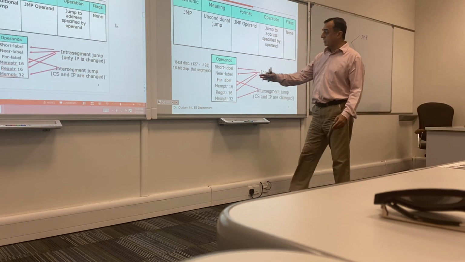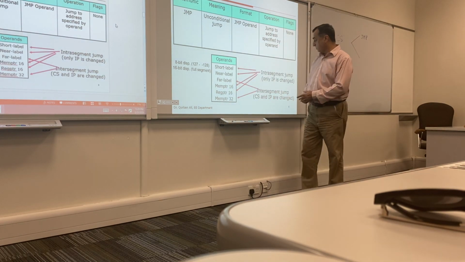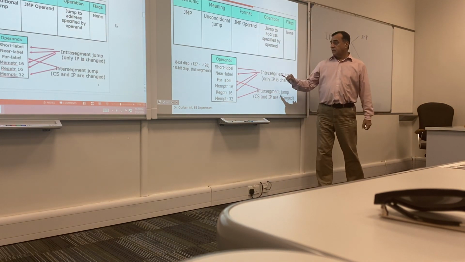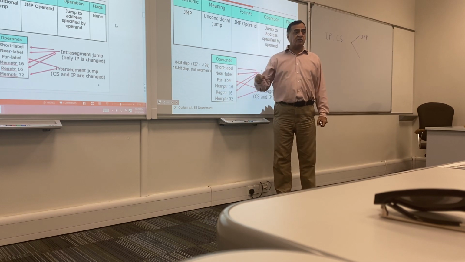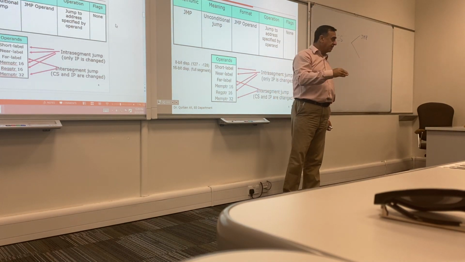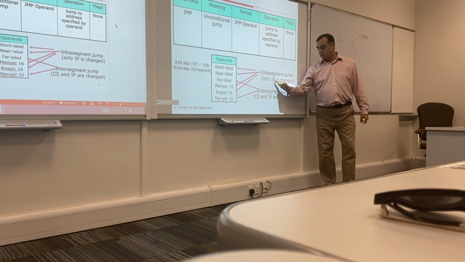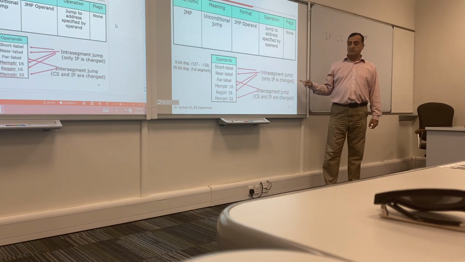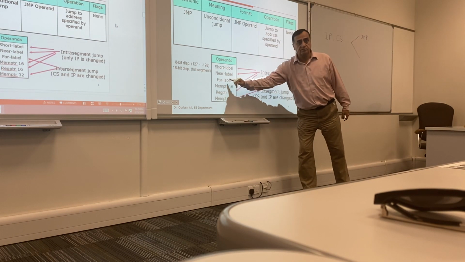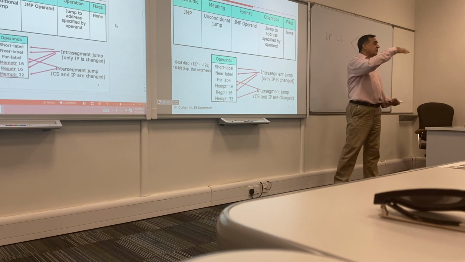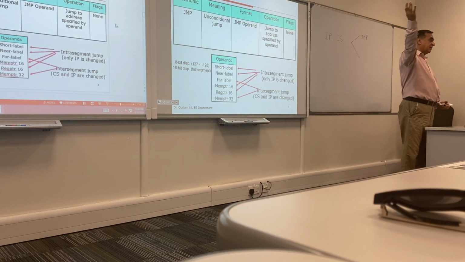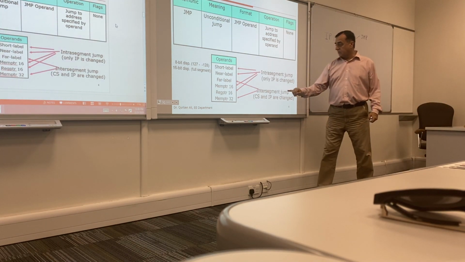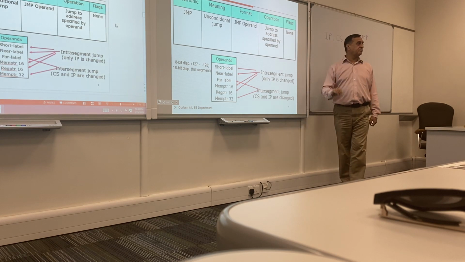And far means outside the segment. So that's why you see here, if it is short and near, this means it is in the same segment, right? That's why only IP will be affected. When it is far, it is beyond 64K, this means we will be leaving the segment, right? That's why you see here CS and IP are changing.